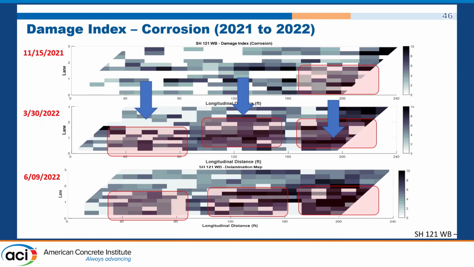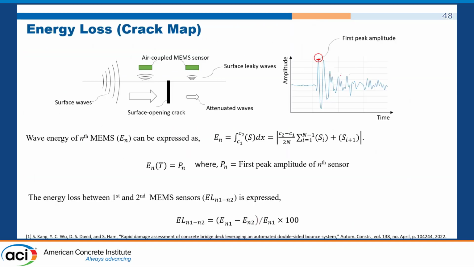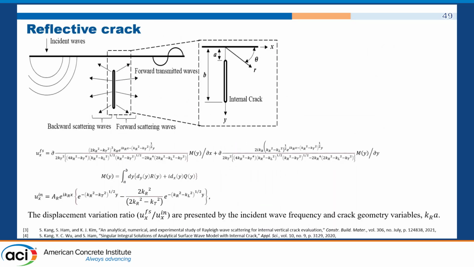And here too. The last one here is that our surface crack detection is basically very simple. It's attenuation: we have a multiple signal, non-contact sensor, so we can detect the energy attenuation. And sometimes we also have an analytical solution for looking at the internal case.